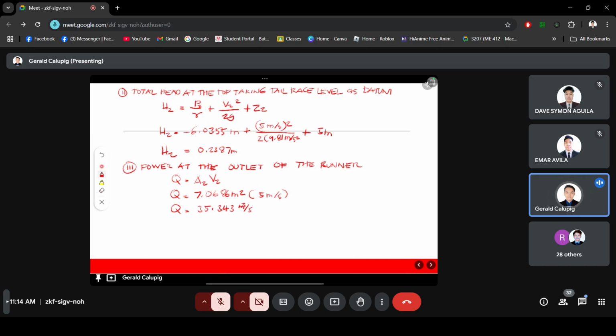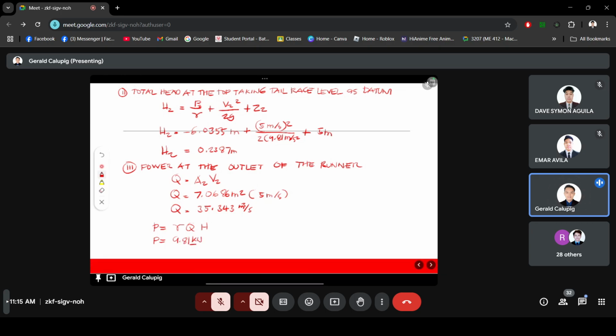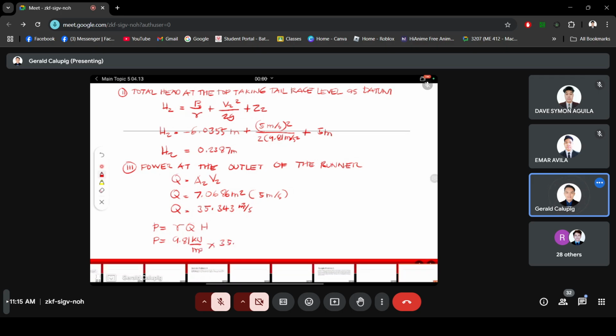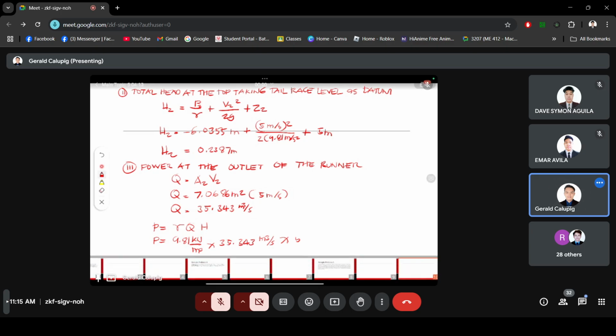Okay, so let's substitute that to our formula of power. We can have P equal to specific weight times Q times H. P is equal to 9.81 kilonewton per cubic meter times Q, which is 35.343 meter cube per second times the H. Anong H natin?